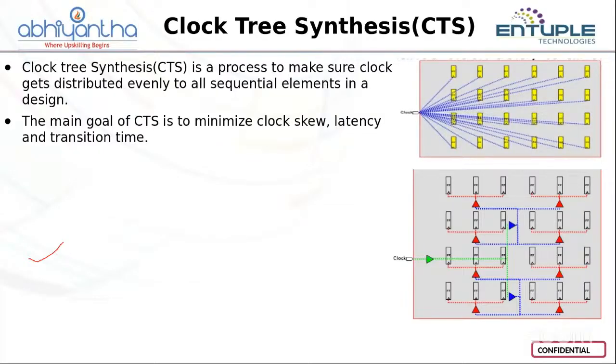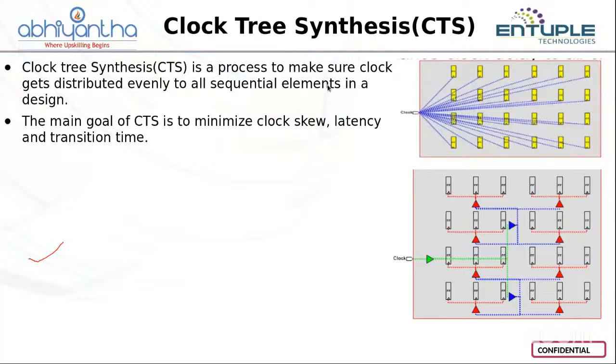Minimization is very important. As we mentioned, you can see a small illustration: from the clock source, these yellow color registers are placed at different intervals. So the initial stage of flip-flops will receive some clock signals at some nanosecond time.